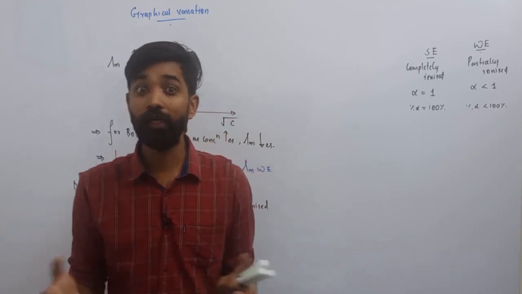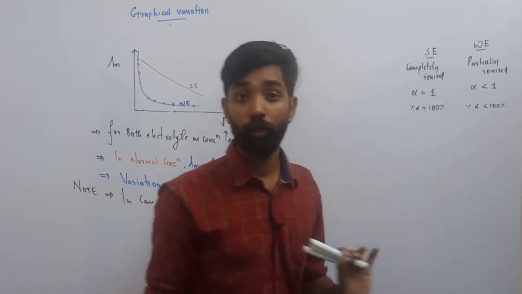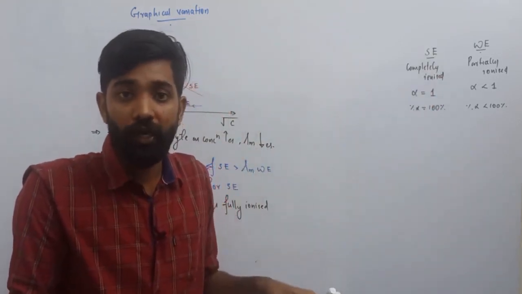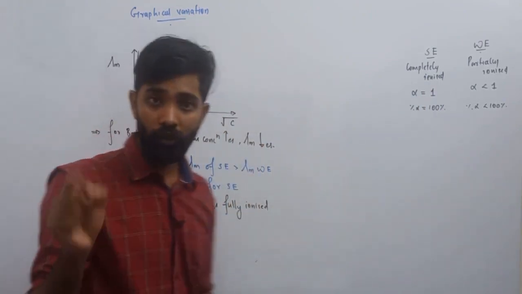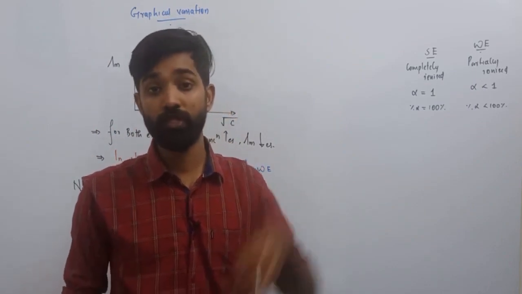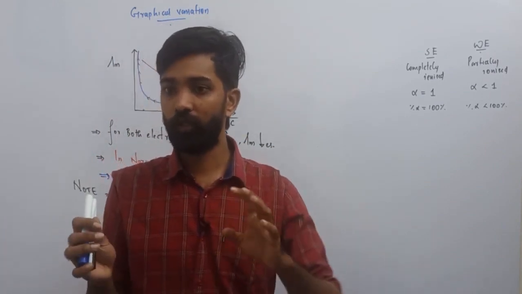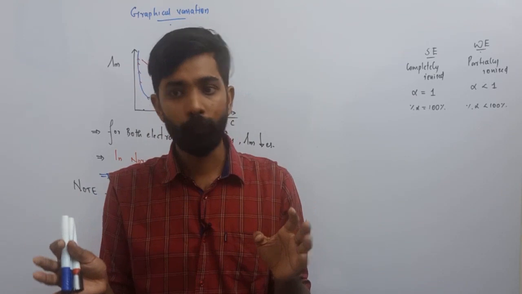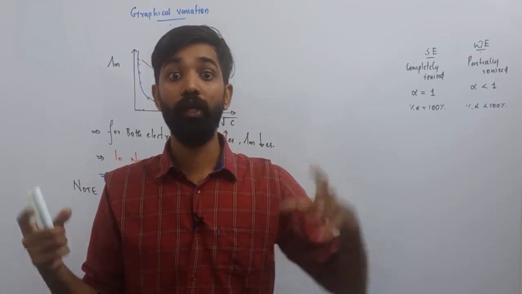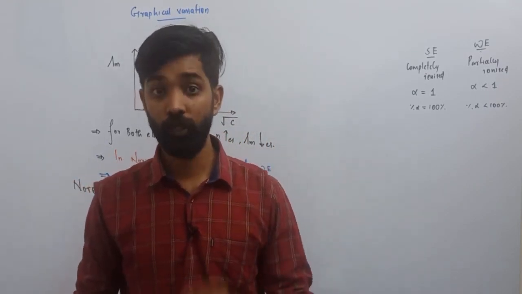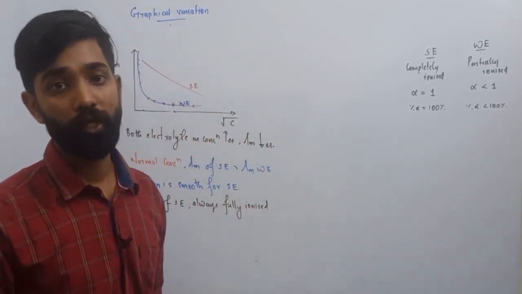It is not due to an increase of the degree of ionization, because the degree of ionization of a strong electrolyte is already full. Already all the species are ionized. Then why, as concentration decreases, does molar conductivity increase? The only reason is that as concentration decreases, which means dilution increases, all the ions are free, so they get more distance. The ions have more freedom, and interionic attraction decreases. As interionic attraction decreases, molar conductivity increases.